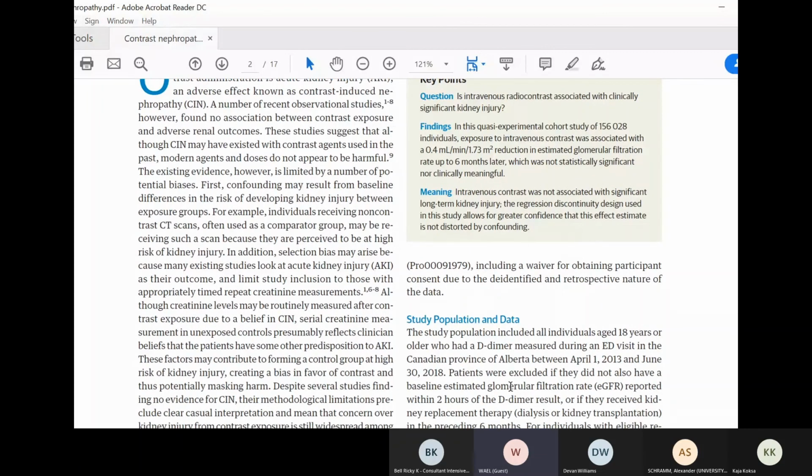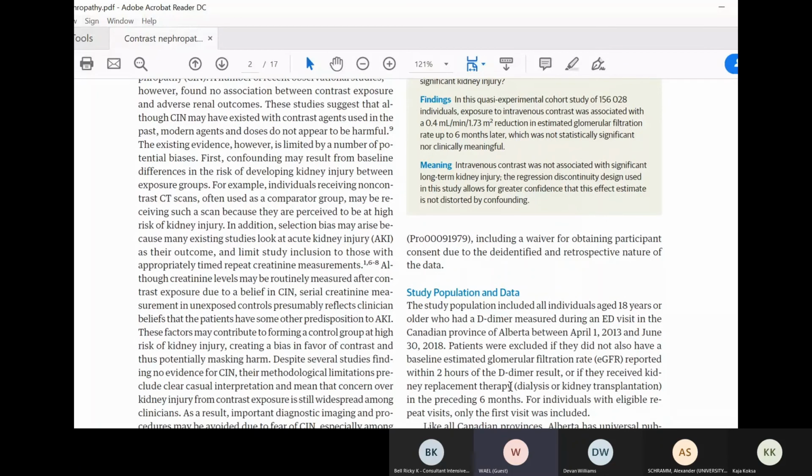So the method of the study here was that they used the regression discontinuity design. The RDD approach relies on the existence of a continuous variable, and in this case, the continuous variable was chosen to be the D-dimer, for which the cutoff point determines the eligibility of the patient to receive the CT with contrast.